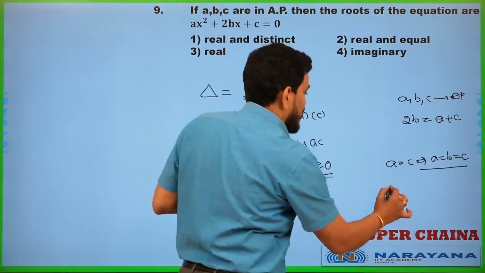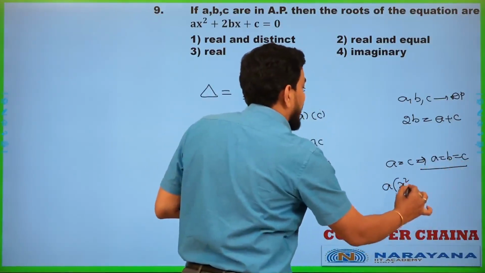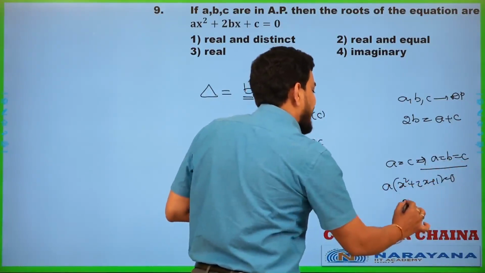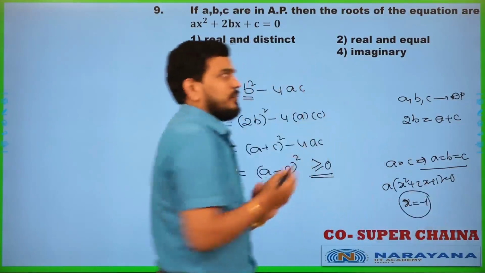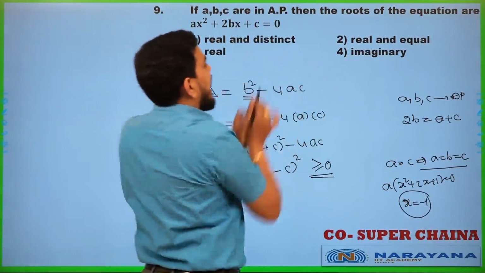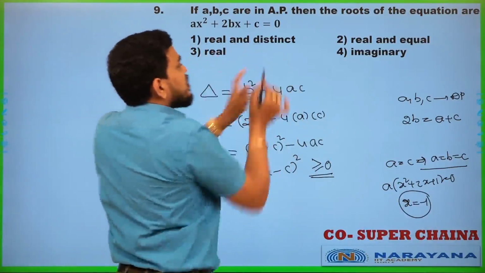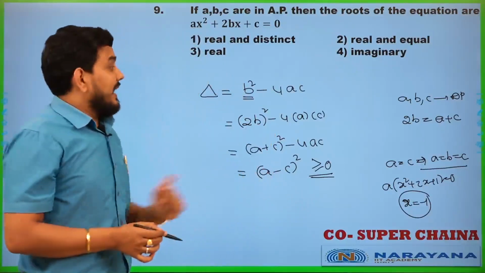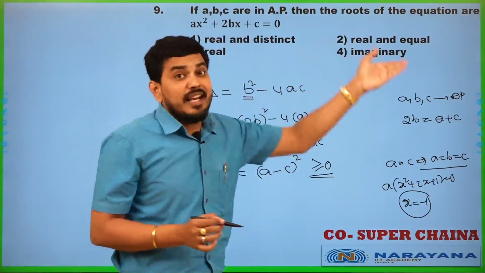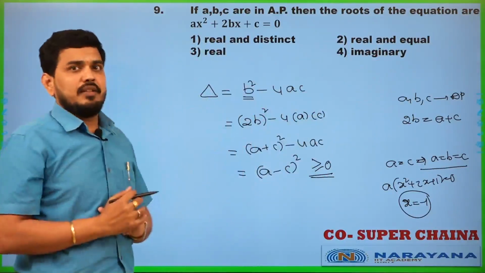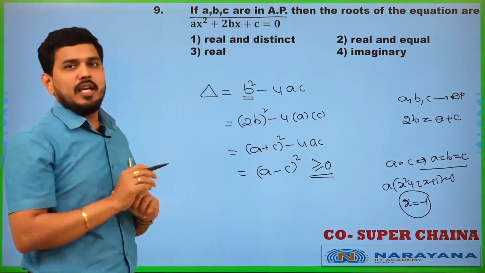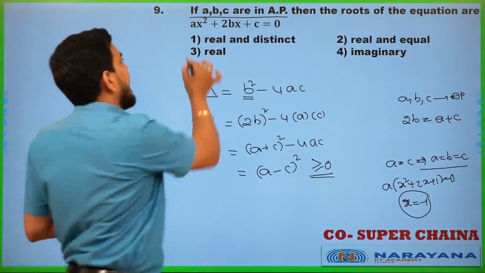The entire equation will become a times (x square plus 2x plus 1) is equal to 0, so x is equal to minus 1. If they haven't said anything about real and distinct or real and equal, I will go for real. But if somebody says a, b, c are in AP and the common difference is not 0, then I will go for real and distinct.